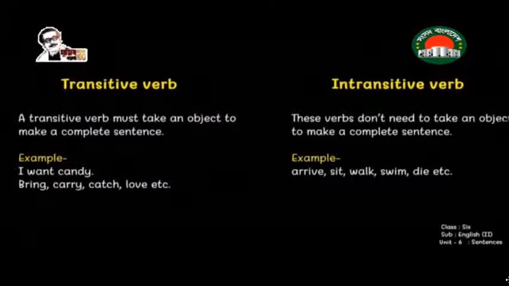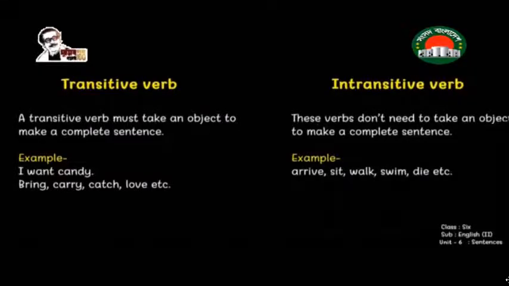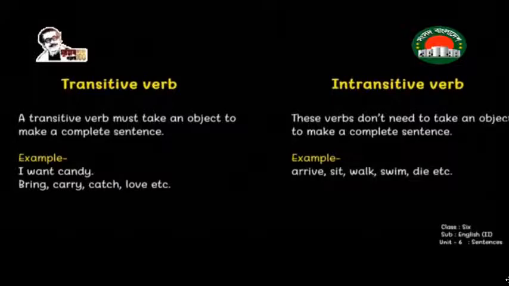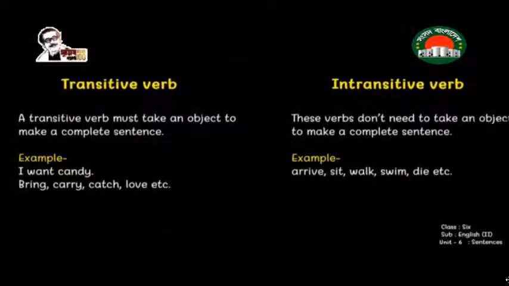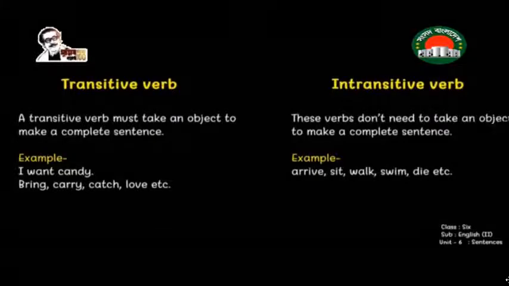Arrive, we can never ask what arrive or whom arrive. So this is absurd. So we can say intransitive verbs don't need to take an object, whereas a transitive verb needs an object. Now we go back to our affirmative sentence structure.